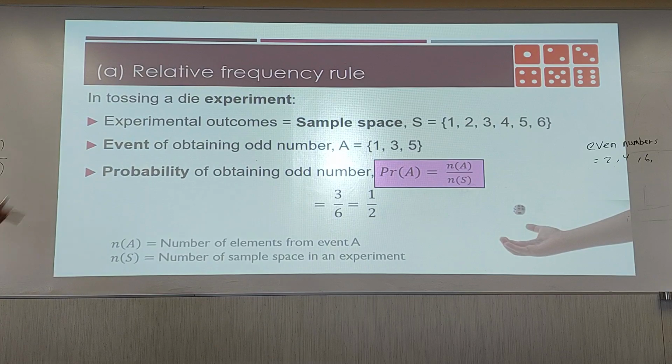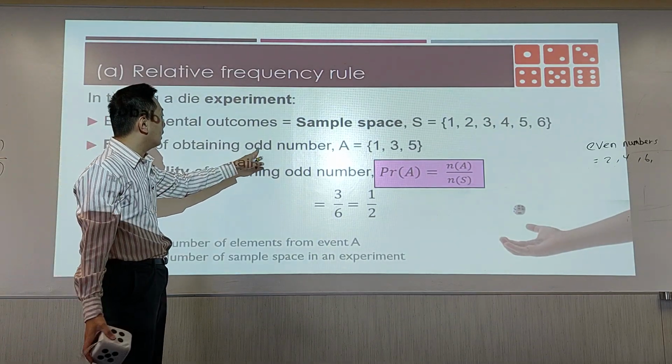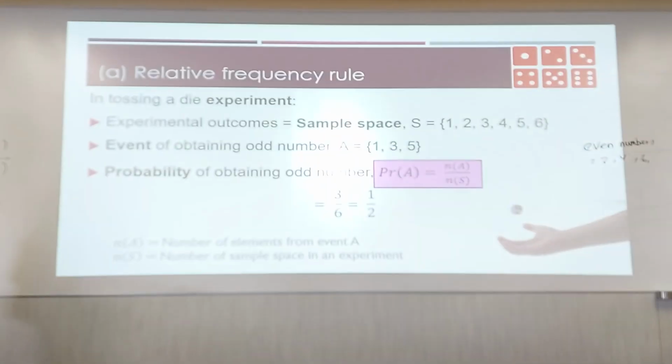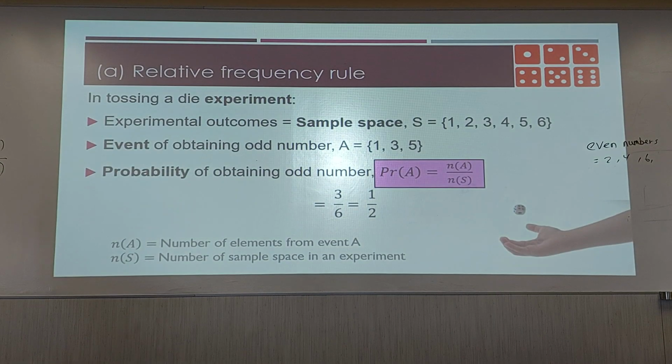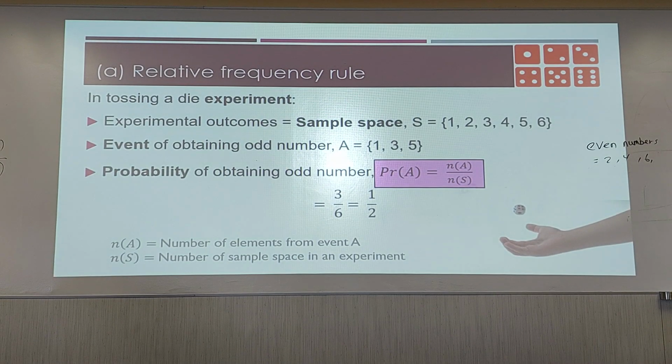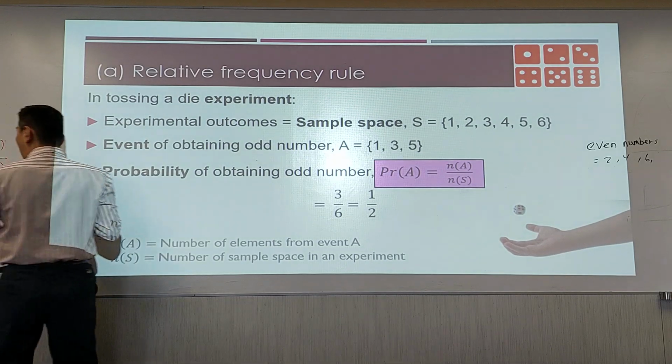So the question now is asking, what is the probability of getting an odd number? How many faces have an odd number? Odd numbers are 1, 3, 5. So there are 3 faces. So if you want to calculate the probability of an odd number happening when throwing a die, the answer will be 3 over 6.